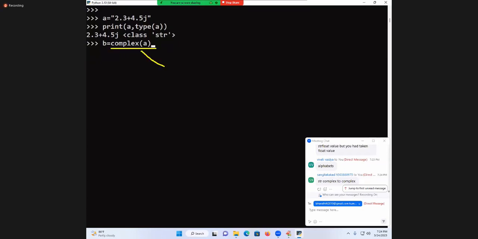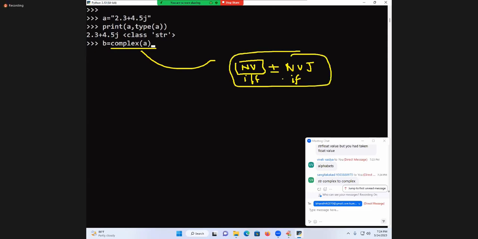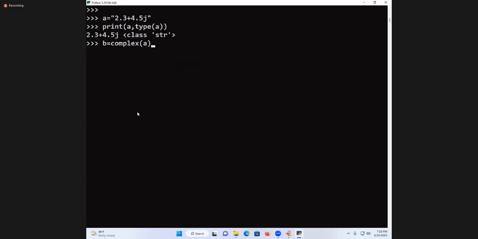When complex is taking place, complex function is containing plus or minus symbol, any numerical value that can be int type or float type, with a symbol called what? J. Then it is possible to convert it into which type? Complex type.